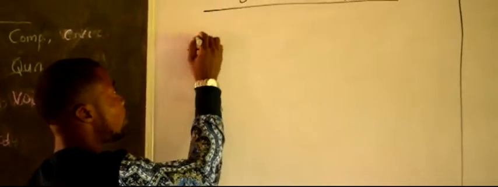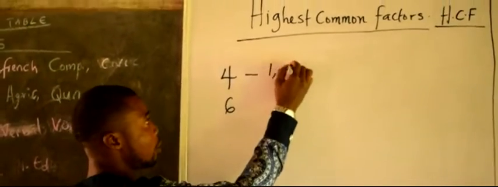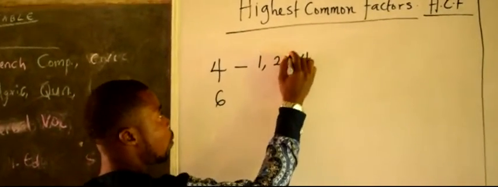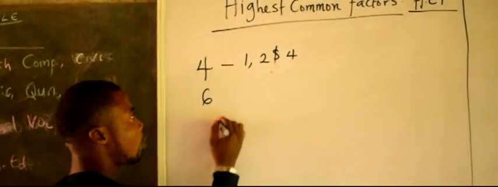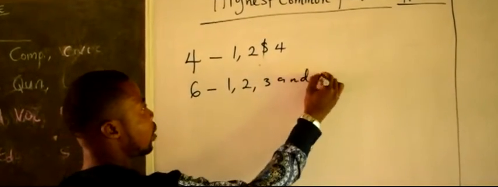For example, when we were doing common factor, we had 4 and 6. What are the factors of 4 and 6? For 4 they are 1, 2, and 4, while 6 is 1, 2, 3, and 6.